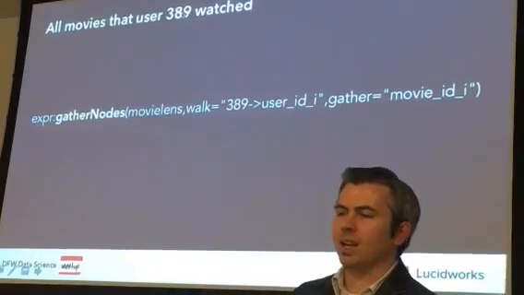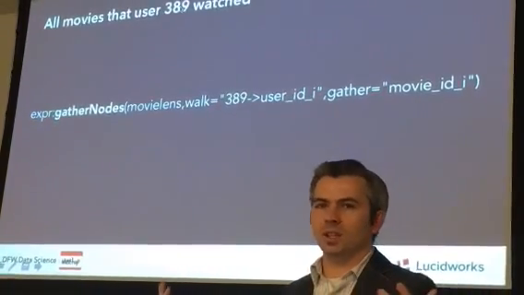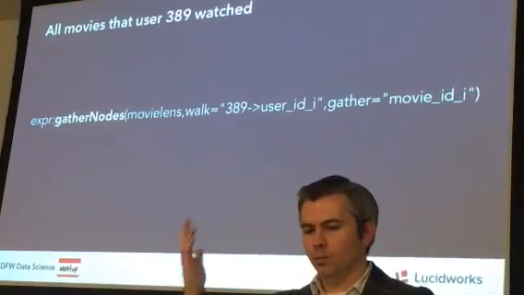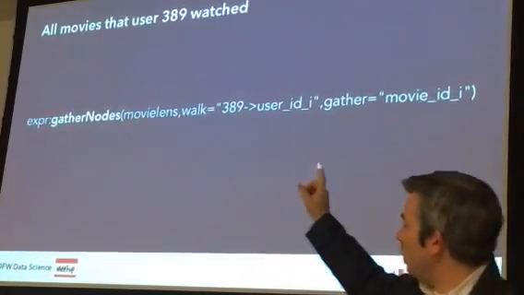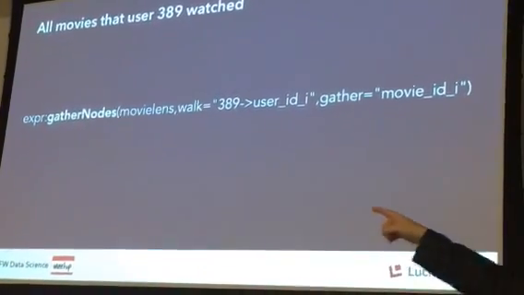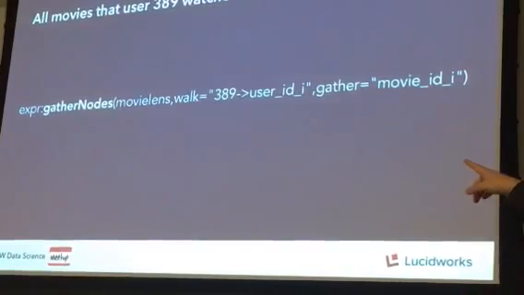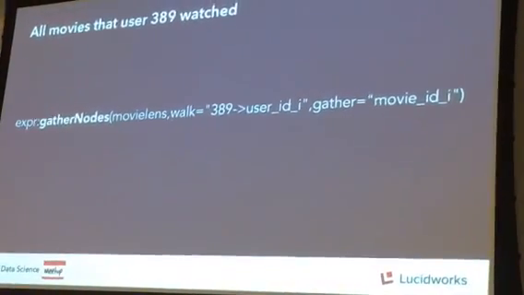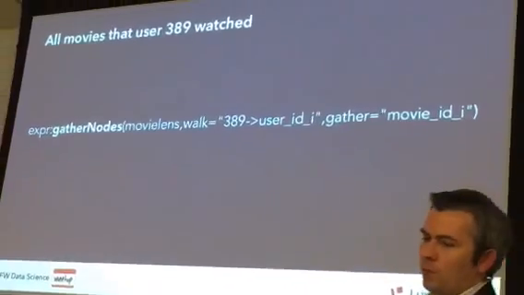I indexed a collection of movies, the Movie Lens data set, if you guys have ever played with it. I want to find all movies that user 389 watched. I do a streaming expression called gather nodes on the Movie Lens collection. And I'm walking from user ID 389, and I'm gathering the movie IDs from that traversal.